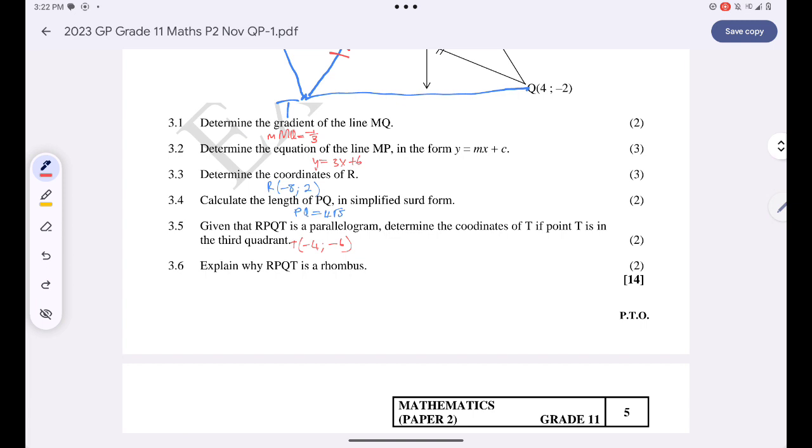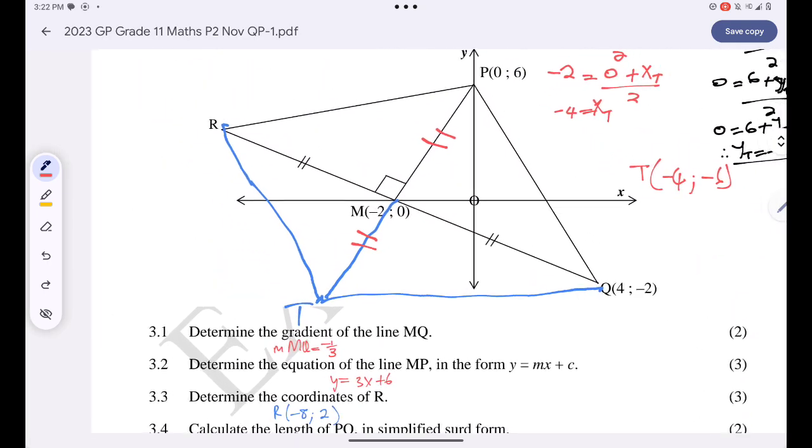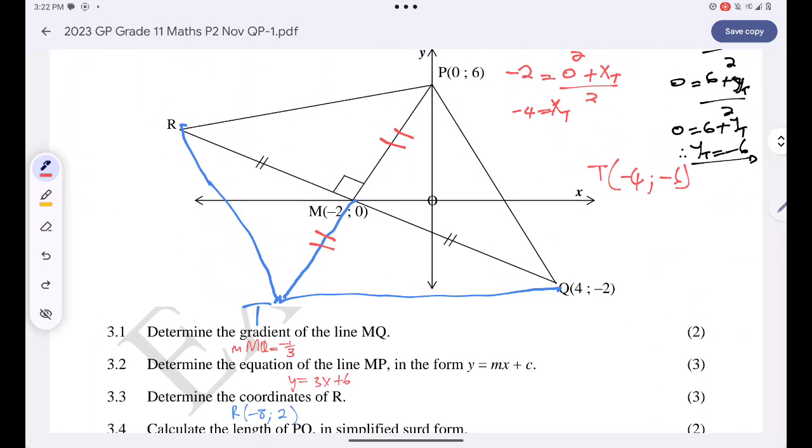Okay, explain why RPQT is a rhombus. We already know that RPQT is a parallelogram, right? For this parallelogram to be regarded as a rhombus, the adjacent sides have to be equal.